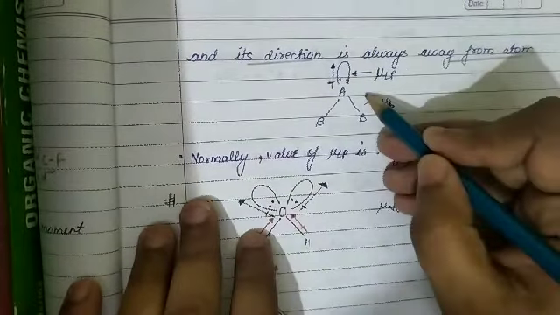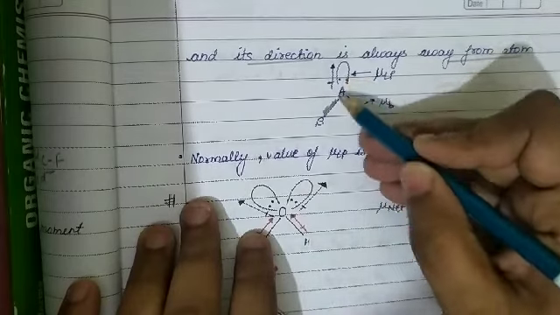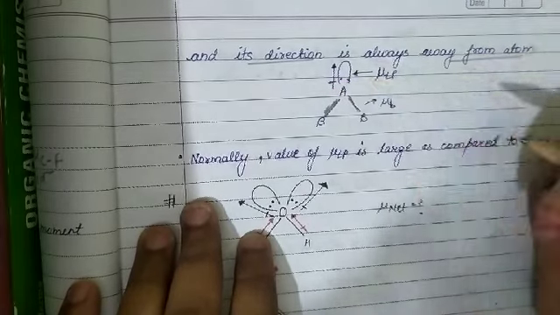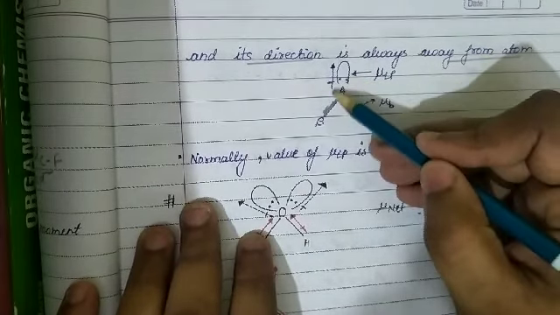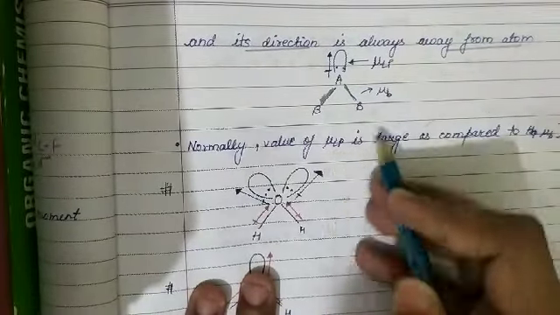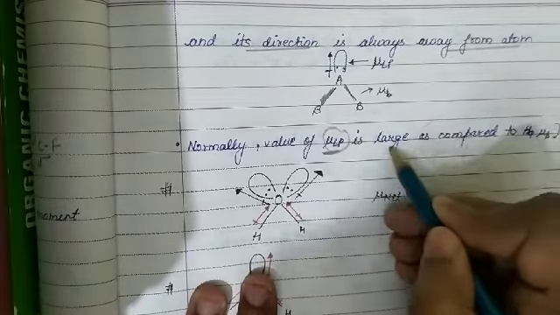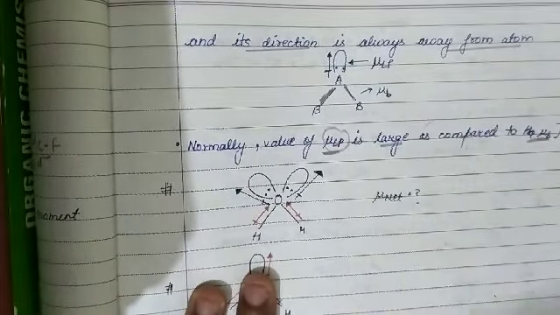So this is the bond moment with respect to the bond, and the lone pair moment with respect to the lone pair, and the direction of the lone pair vector is always away from the atom. Normally the lone pair moment vector is large as compared to the bond moment.